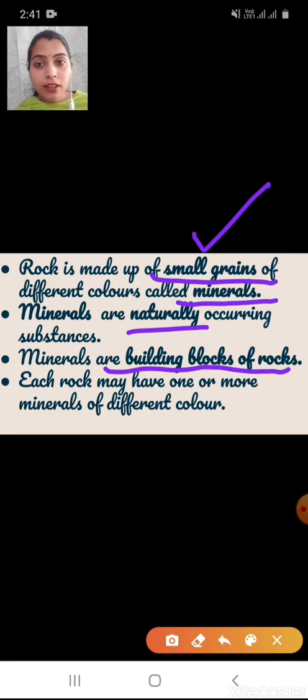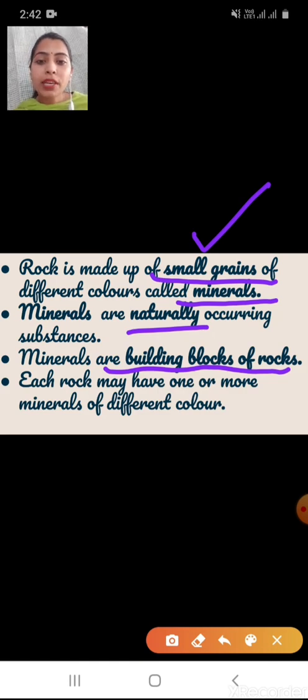You must have played with that game in your childhood, where you have small blocks and you are supposed to make a building from them, right? I remember because I played that. You also remember. So minerals, the small grains, are used in making a small stone or a rock. Minerals act as building blocks of rocks.